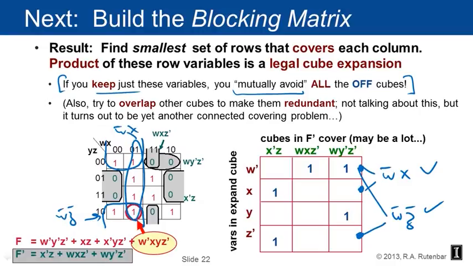Now, the one thing I'll note is that the size of this cover may be really big because in a design with 50 or 60 variables in it, you could have tens of thousands of cubes in the offset. Nevertheless, the heuristics for finding these covers are actually quite effective at getting you a decent answer really quite quickly. So even though the size of this cover may be really big, you can get a really, really quick answer. So it's a very effective solution.